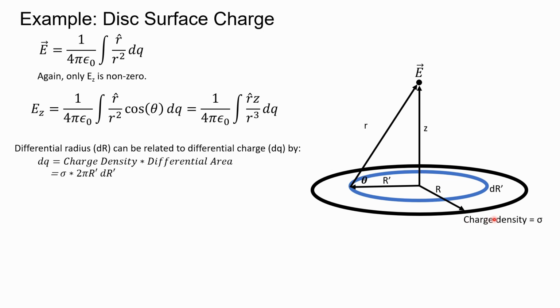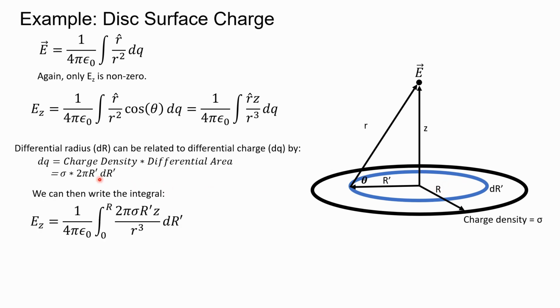The charge density is given here as sigma, and the differential area, essentially the area of this blue line, is going to be given by 2 pi r prime, the circumference of this blue circle, times dr prime, which is the width of this blue circle. Using this relation, we can then write the integral as 1 over 4 pi epsilon naught, the integral bounds from 0 to R, the final radius, 2 pi sigma r prime z divided by small r cubed, and then integrating over radius dr prime.